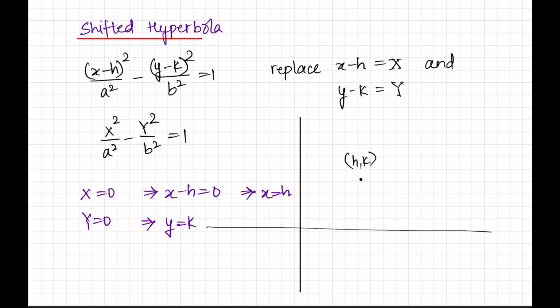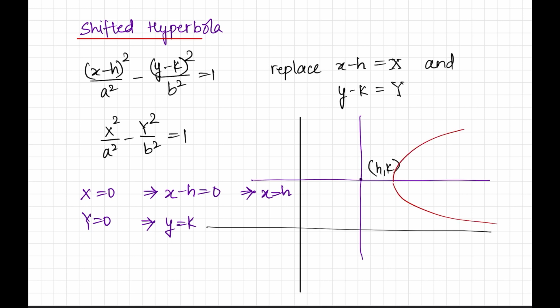And if we want to imagine how this hyperbola would look, let me draw a horizontal axis which will act as the transverse axis. And here is, let us say, the conjugate axis. And then the new hyperbola with the center h comma k looks basically like this.